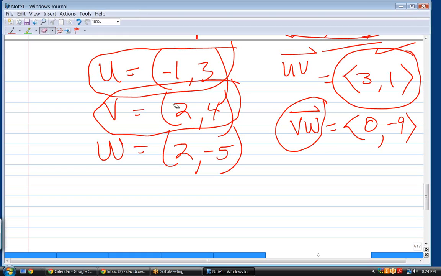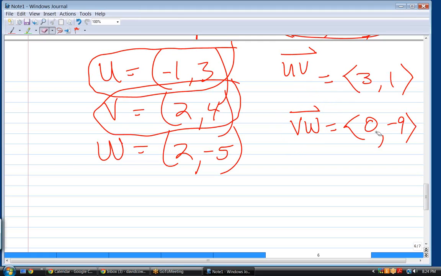I mean, you could define vector UV as being the line between those two coordinates, but if you're going to define it as a vector, you assume that it's in component form when you write it like this. That means component form, meaning that the U side starts at 0, 0, and the V starts at 0, 0.